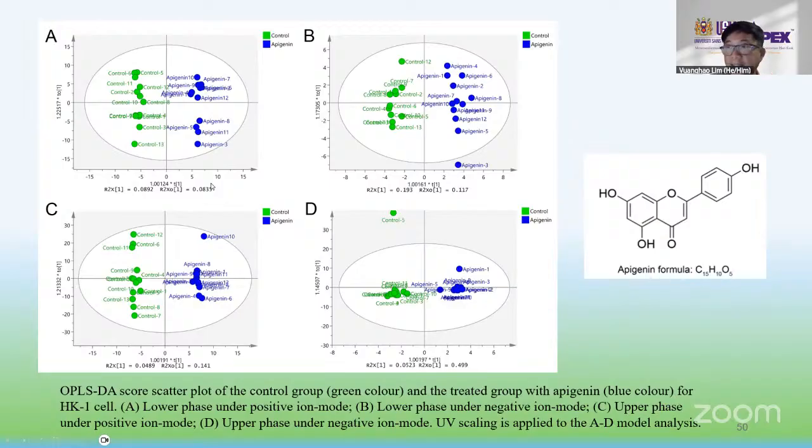So we could see that there is a clear separation between the treated and the untreated groups, which indicates that the treatment induced significant metabolic reprogramming within the tumor cells. We actually tested with epigenetic, because epigenetic shows a very high significance on the NPC.